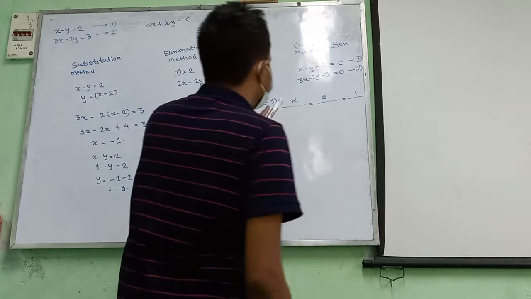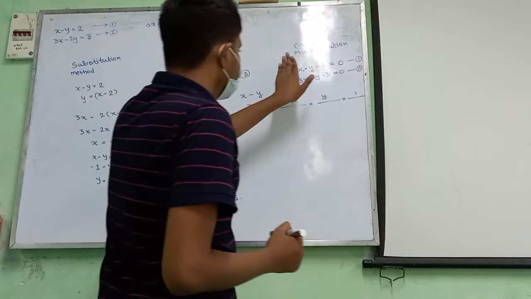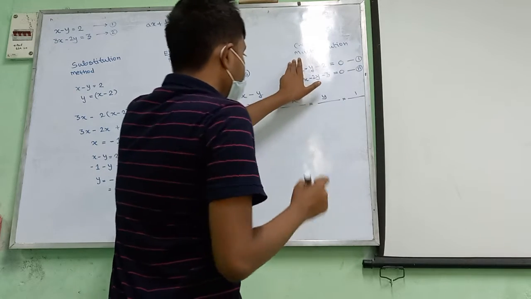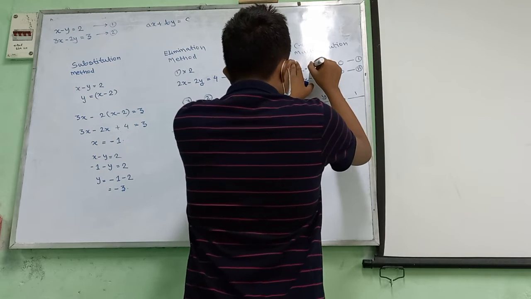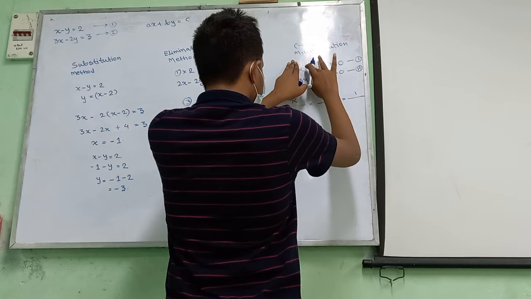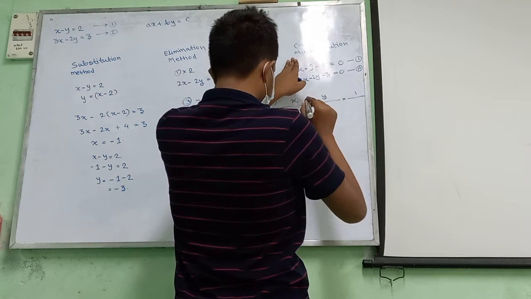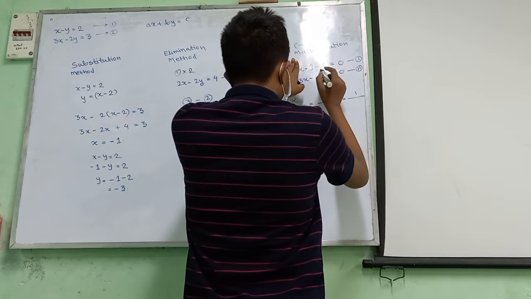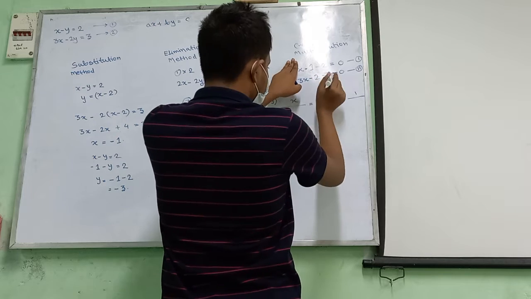So see, when we have to calculate this x term, we have to cover this x term and see the rest of the terms, and we have to cross multiply the coefficient that is before y. What is the coefficient before y? It is minus 1, right? And we are also writing this one, what is the coefficient before y? 2y equals minus 2, right?